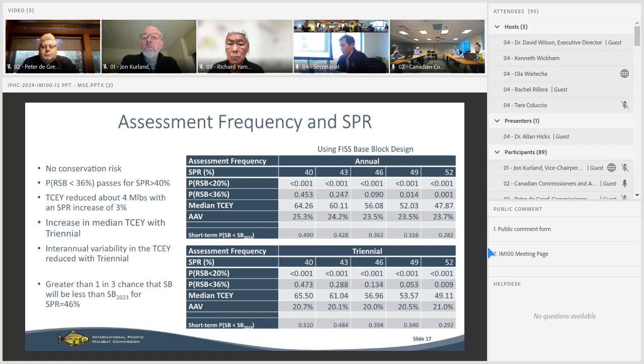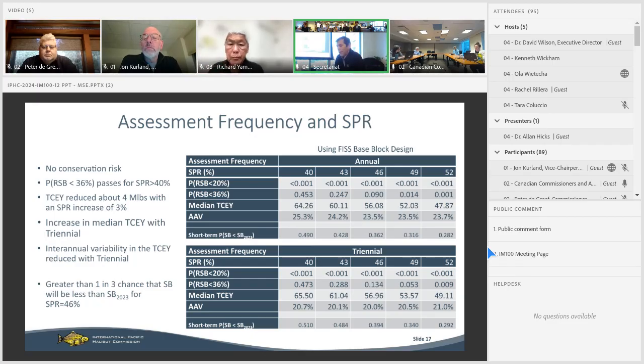Thanks, Commissioner Davis. Yes, a very good question. And wouldn't it be nice to get back to those median TCEYs? The MSE simulations are what's called conditioned to the current stock assessment. So they are starting at where the current stock assessment believes we're at at the start of 2025.